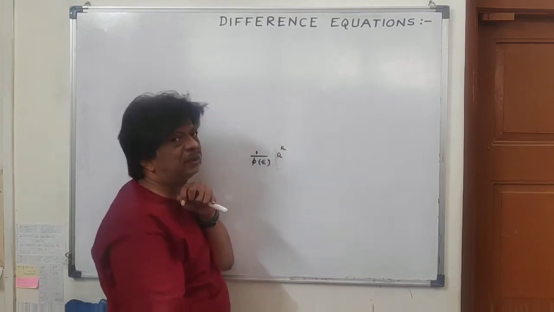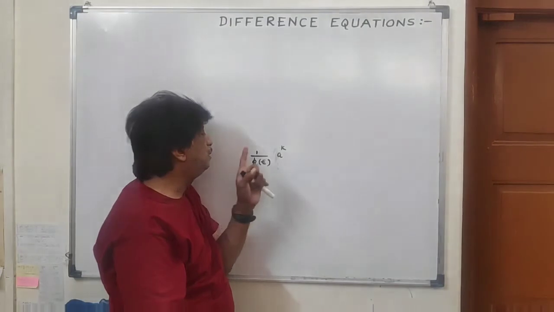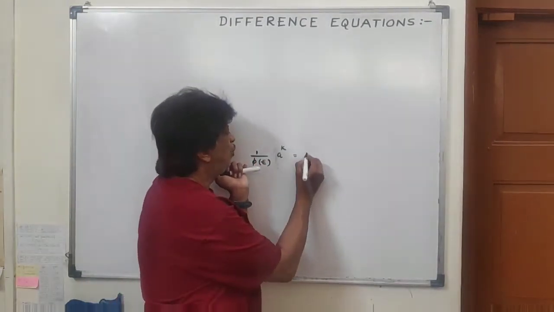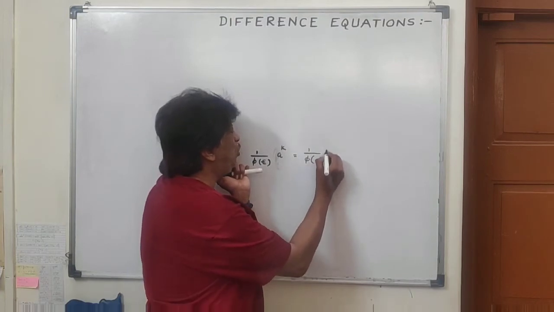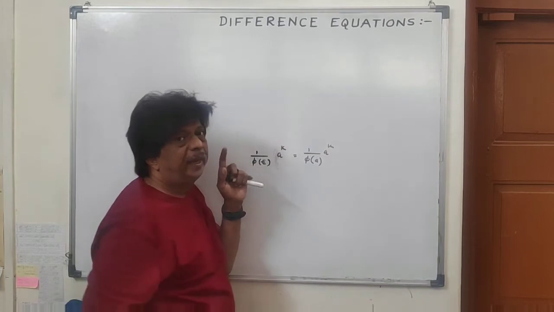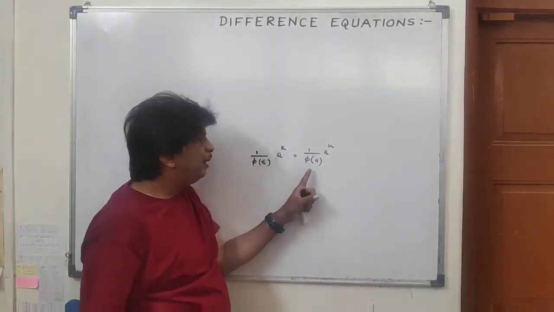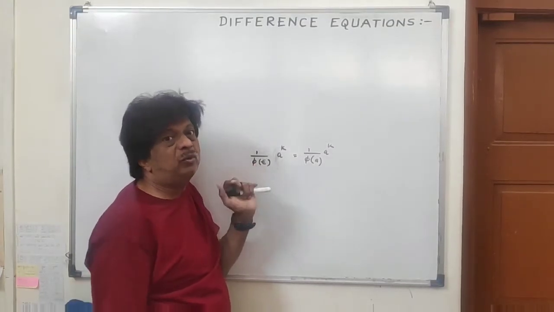This case we have discussed. Here E is replaced by A. The formula was 1 upon phi of A into a raised to power k, provided that phi of A should not be equal to 0.